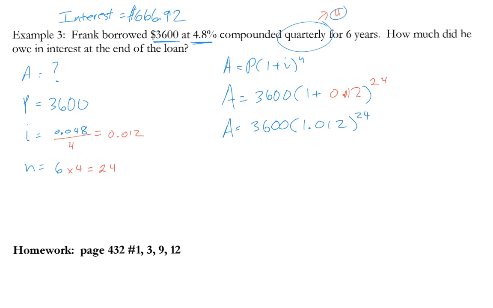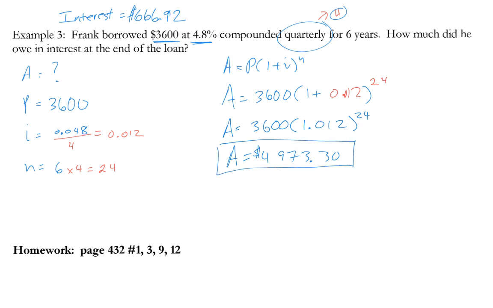Punching that into your calculator, you're going to get A is equal to, ready, $4,973.30. So that's how much we owe at the end of the loan, right?